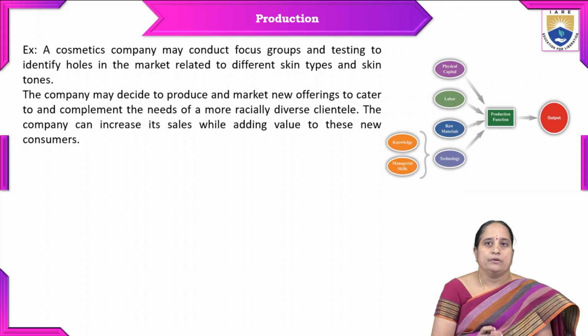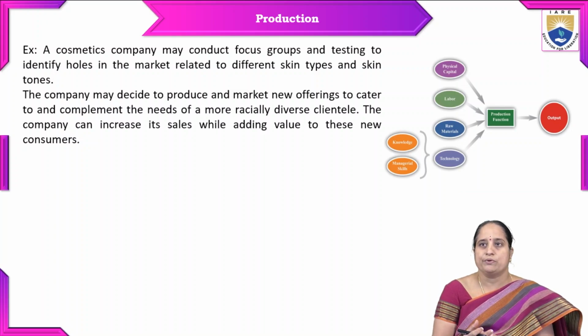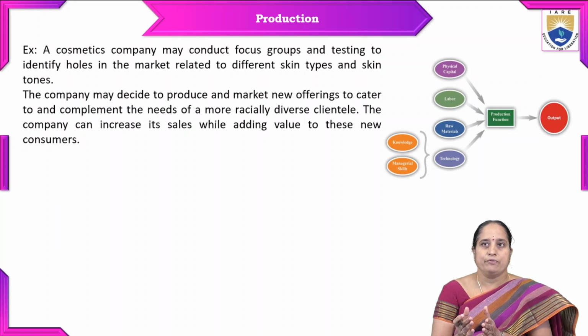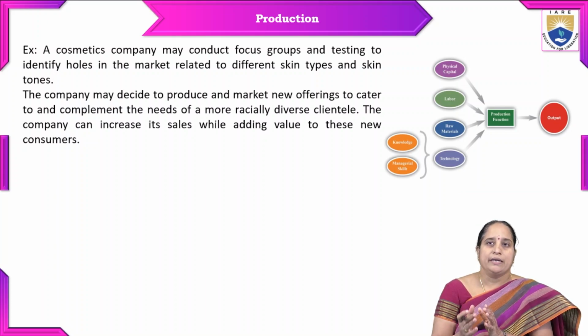For example, if you take a cosmetic company, they may conduct focus groups and testing to identify holes in the market related to different skin types and skin tones. So before launching a new product, first of all, companies conduct a market survey and identify their target group of customers, what kind of products are available, and what type of skin and skin tones they may have.